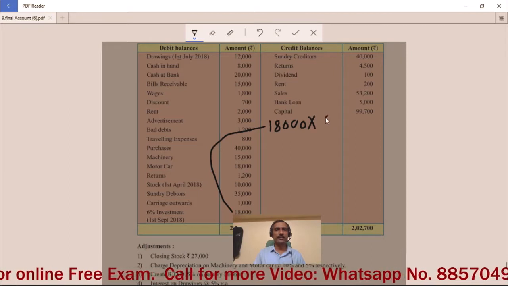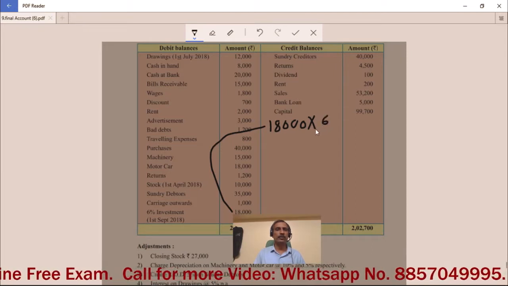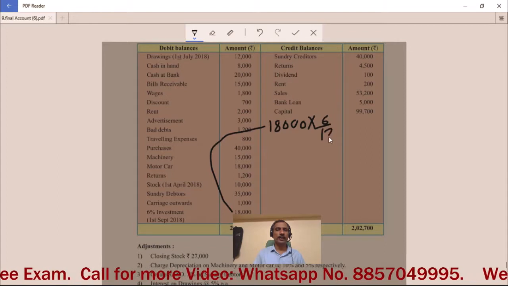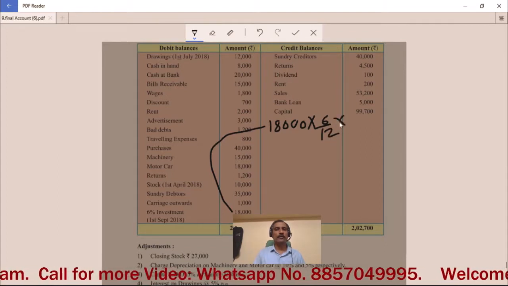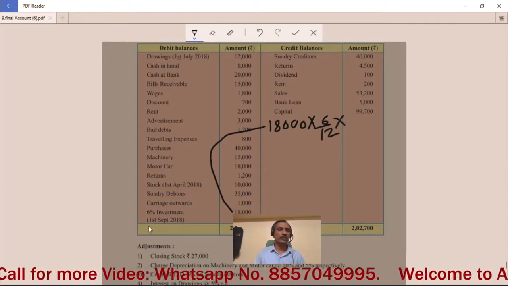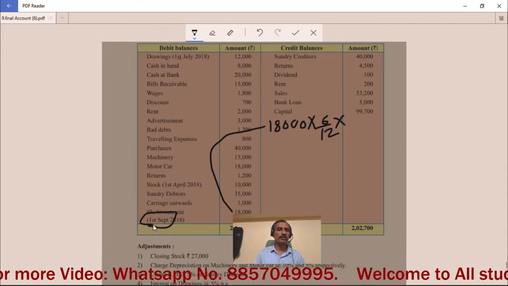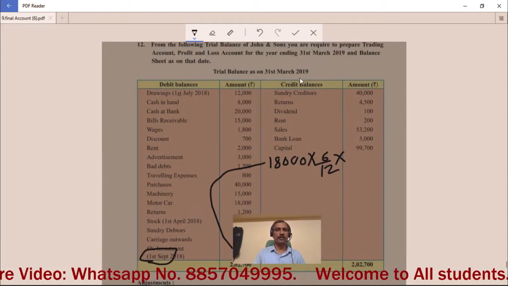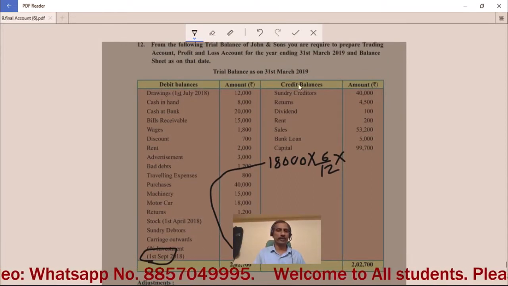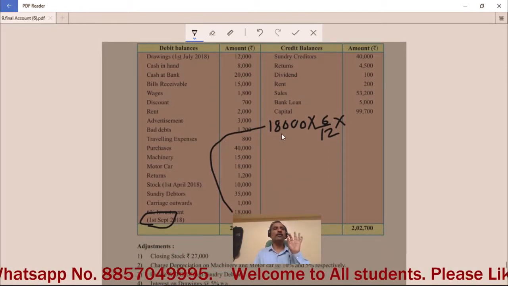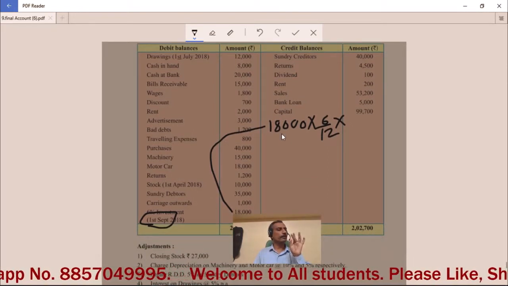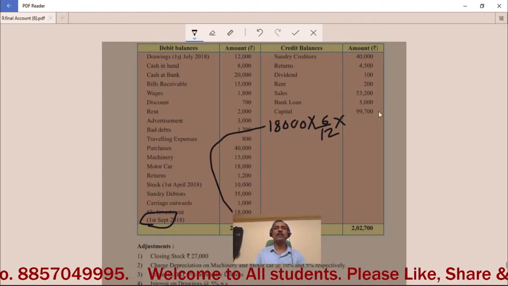Percent means 6 divided by 100. Then we have to count the months, from the date on which we invested our money. On 1st September, and our accounts are going to be closed on 31st March. So we have to count. Let me count: September, October, November, December, January, February, March.